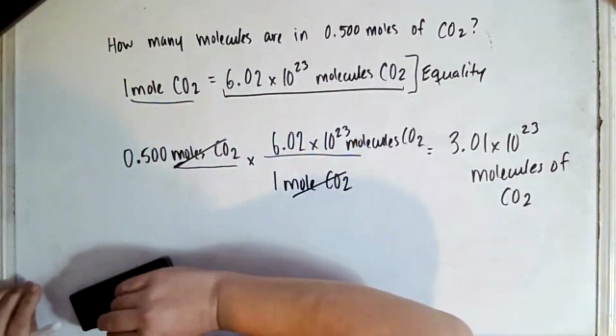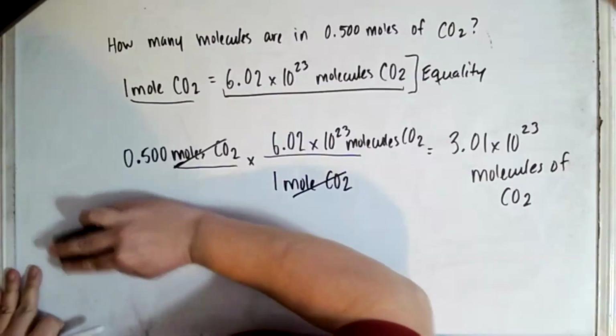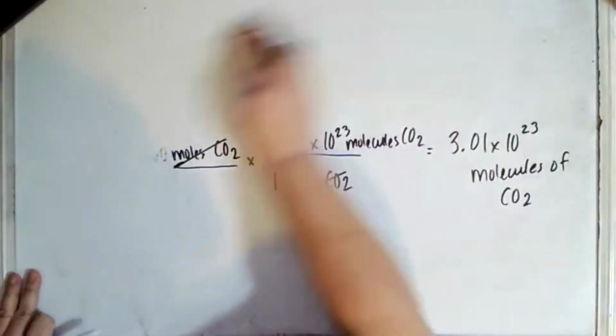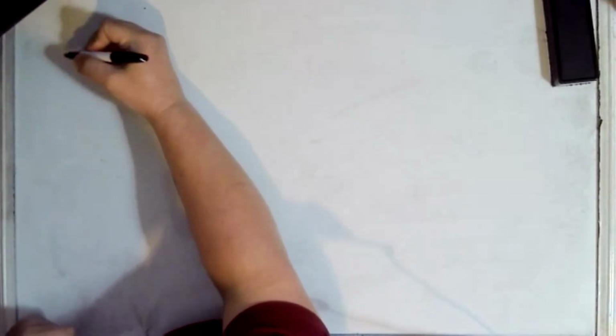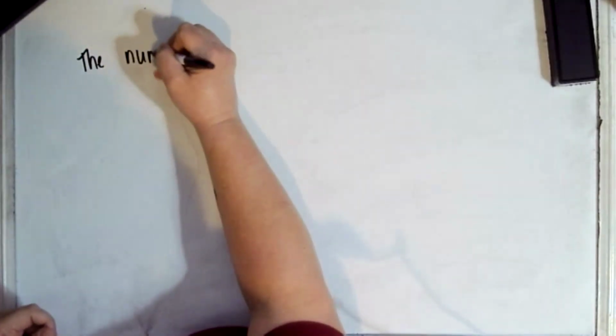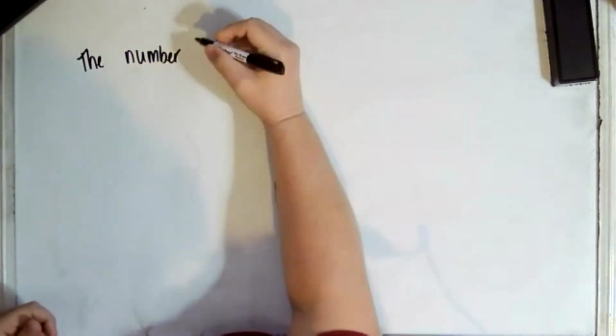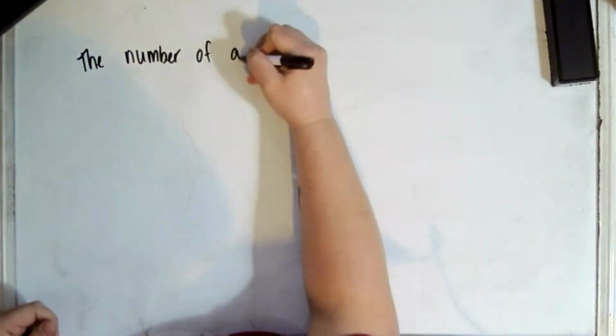The next question in our slides is the learning check that says the number of atoms in 2 moles of aluminum. And then they give us some multiple choice answers that we can look at as well. I would suggest, again, trying all of these out on your own first.